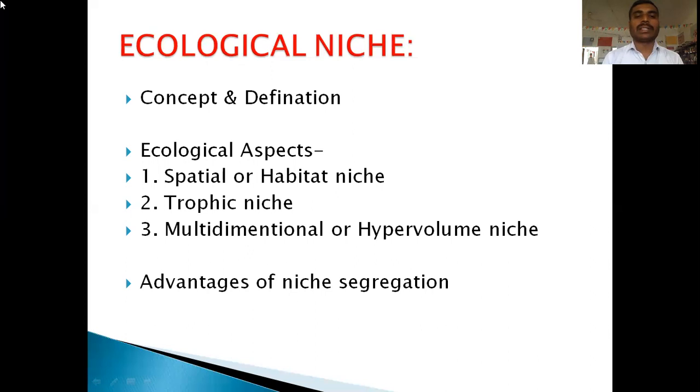As we already studied in the definition given by scientist Grinnell, the habitat or address of an organism in the particular environment or particular community is called spatial niche. Simply, it is also termed as the living place of an organism in the environment.